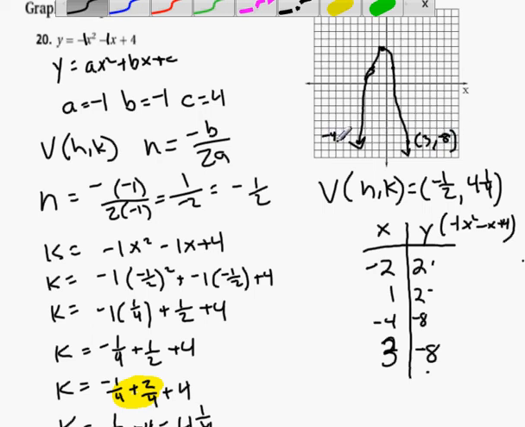We have negative 4, negative 8. Here we have 1, comma 2. And we have negative 2, comma 2. And of course we have our vertex, which is negative 1/2 and 4 1/4.